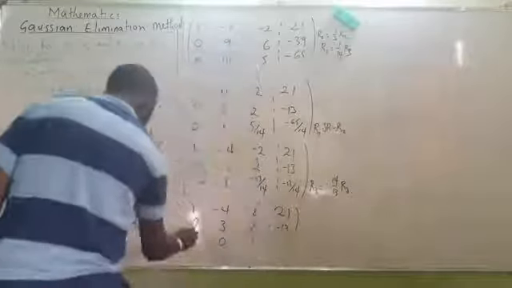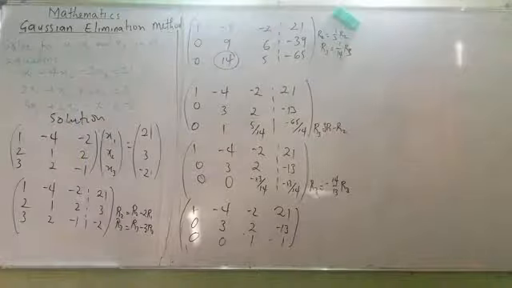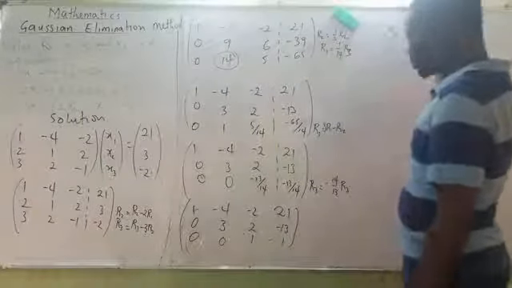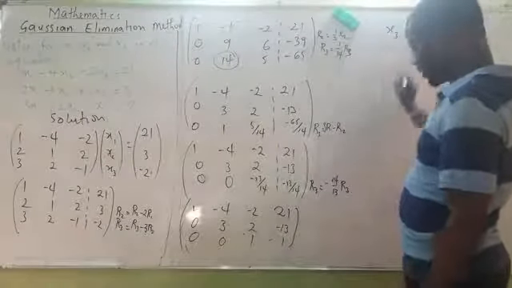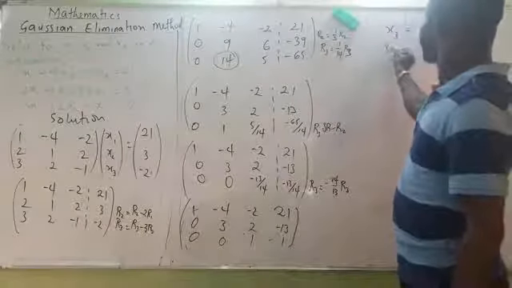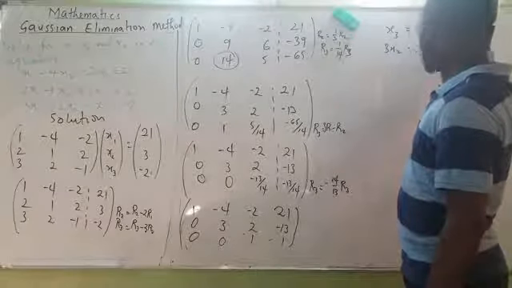Now, by so doing that, I've successfully made use of my what? Gaussian elimination method. I think I can now say that my x3 equals to what? 1. My x3 equals to 1. And my 3x2 plus 2x3 equals to what?